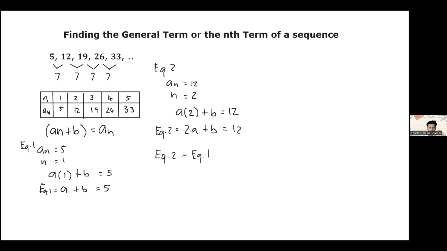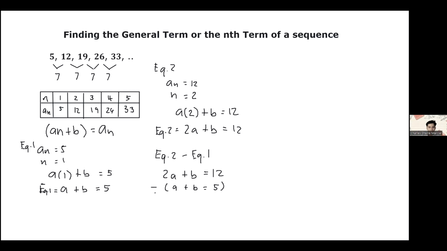Isulat muna natin. We have 2a plus b is equal to 12. Ito na yung equation 2 minus yung equation 1. I-enclose natin siya sa parenthesis para mas makita natin yung equation.